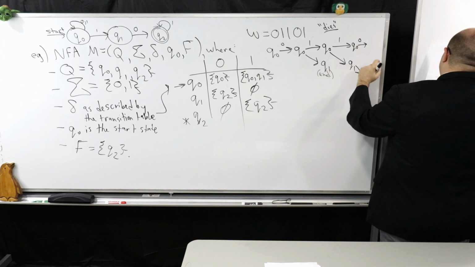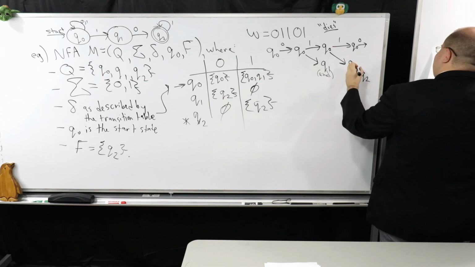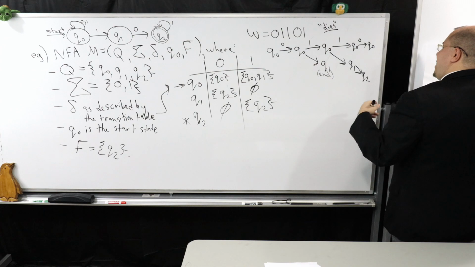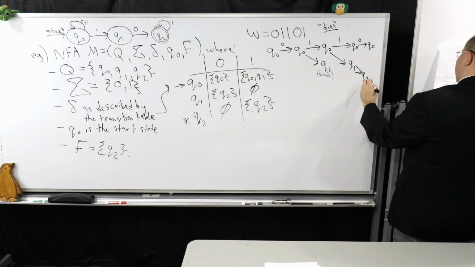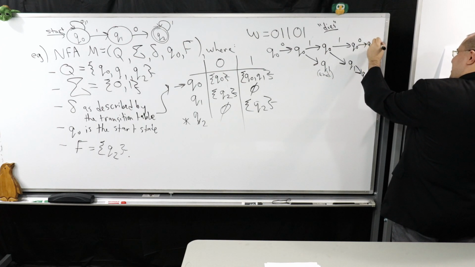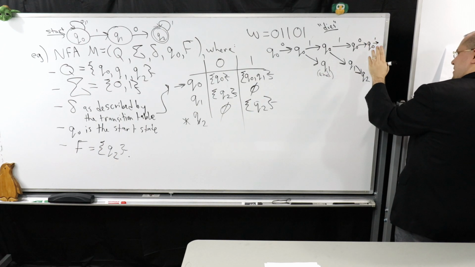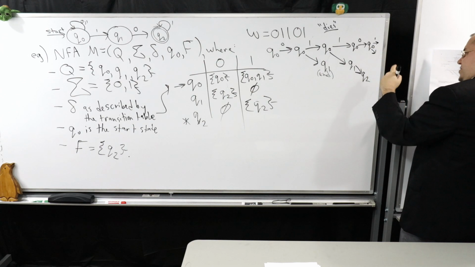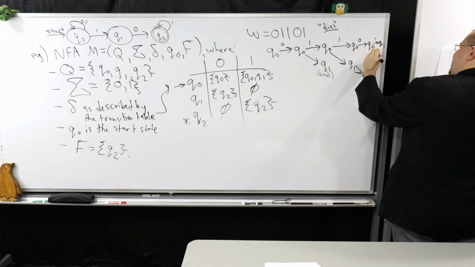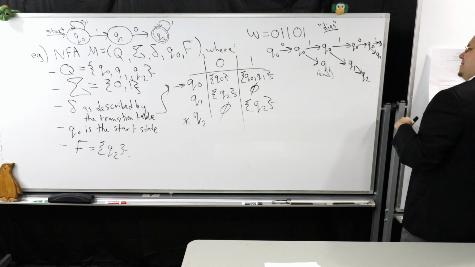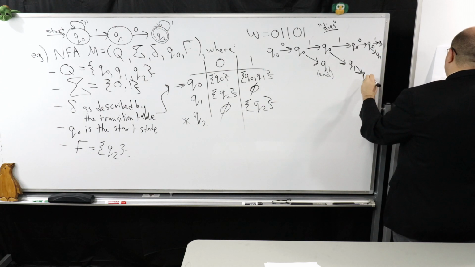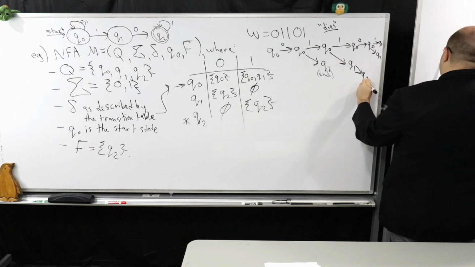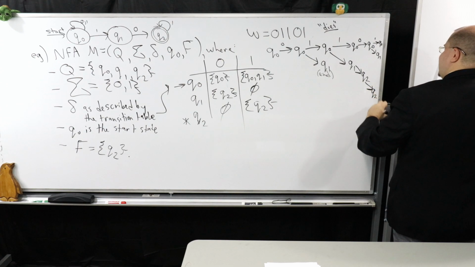This one, however, because it's reading just a 0, stays in Q0. Then I read the 1, and I promise it's a little squished in here. When I read the 1, Q0 goes to Q0 and Q1, just like before. And when I have Q2 and I read a 1, because there's a loop on Q2, I stay in Q2.